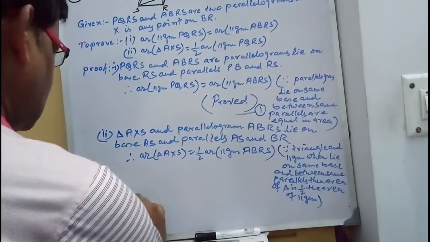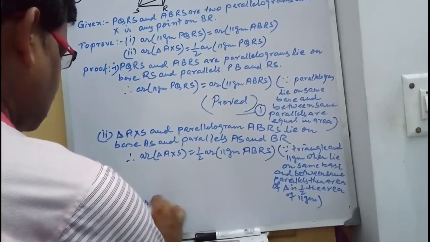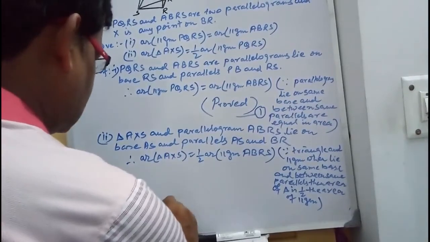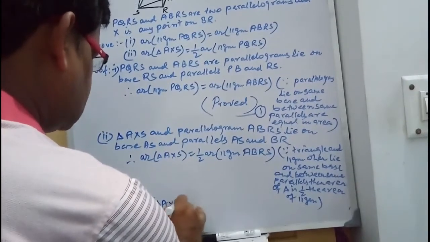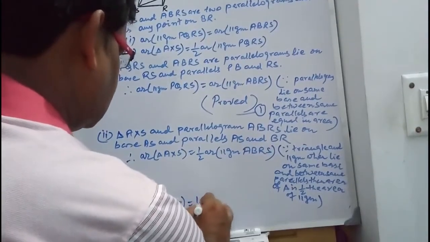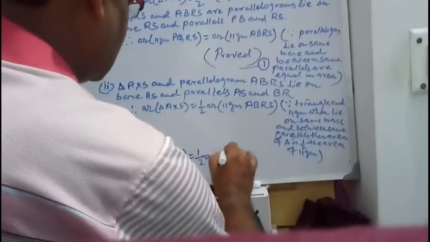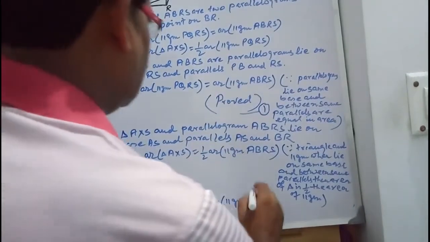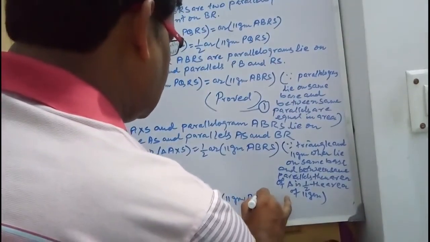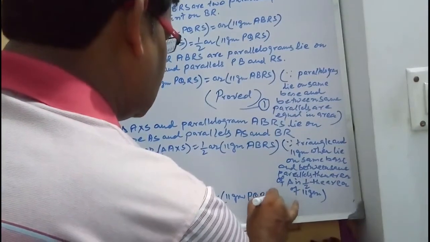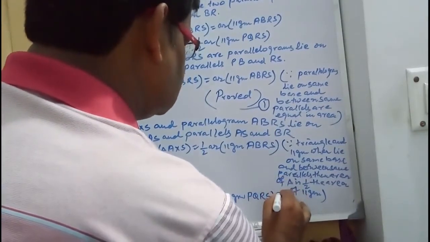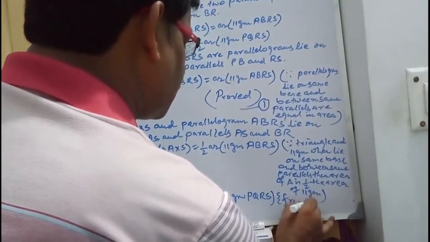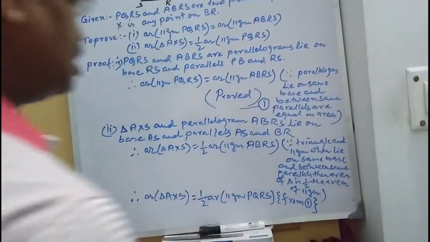So area of triangle AXS is equal to half area of parallelogram PQRS from 1.